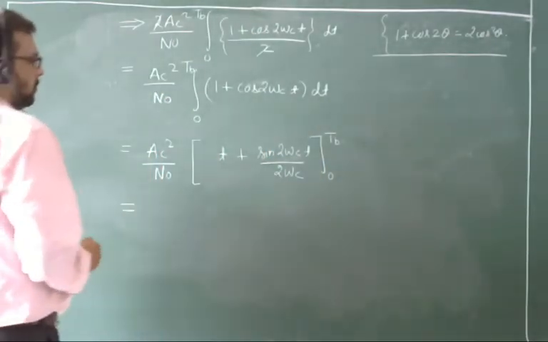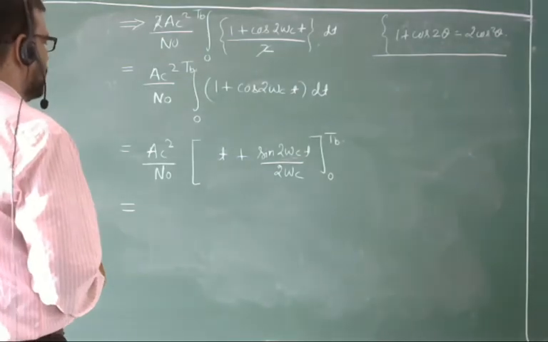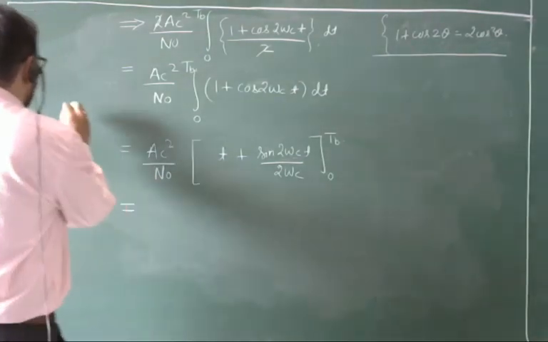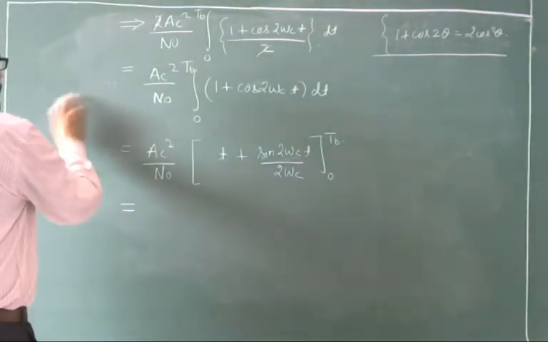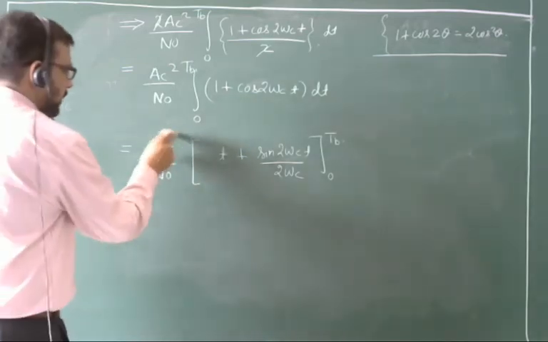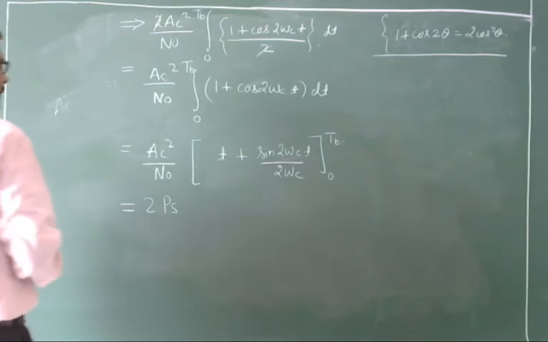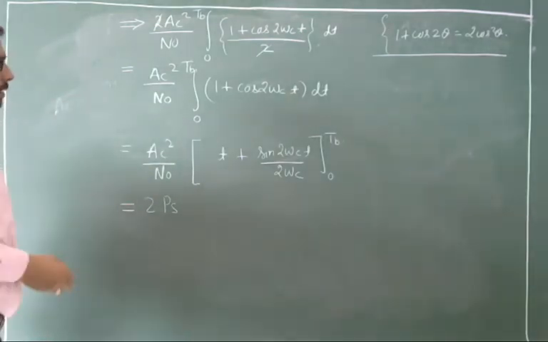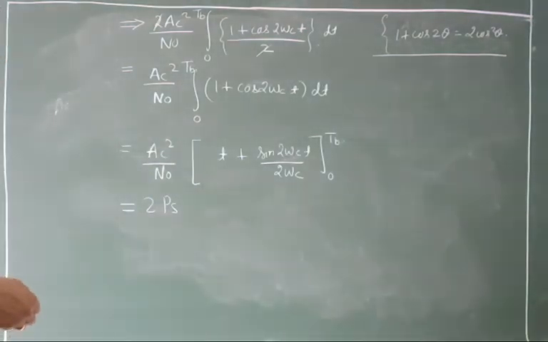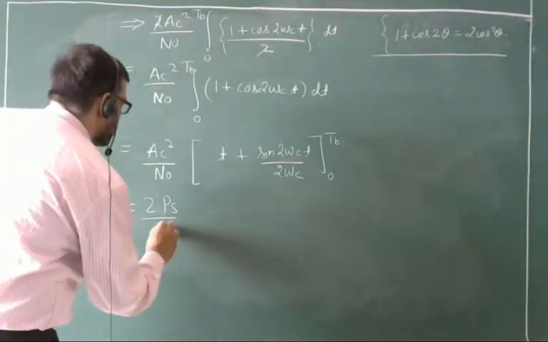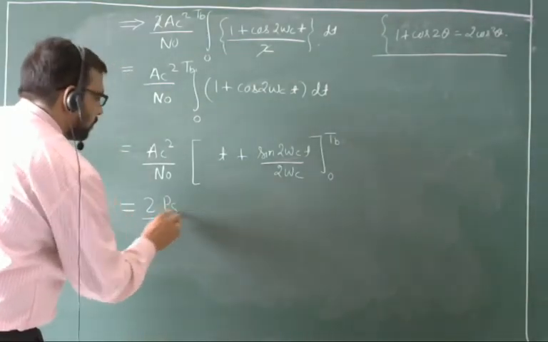As we know the formula, this A C square can be written like that because the formula P S is equal to A C square by 2, upon N naught. This is the normalized power.